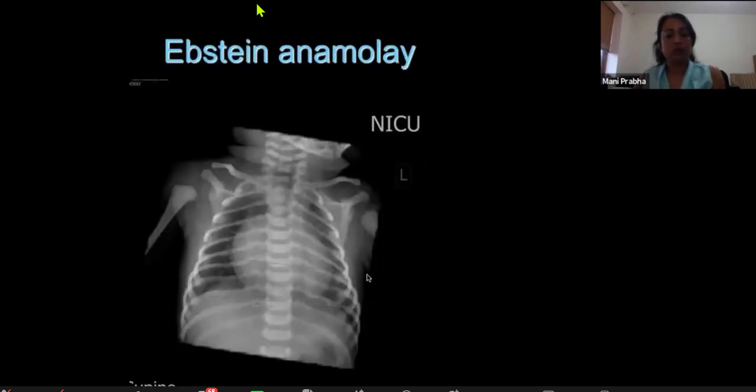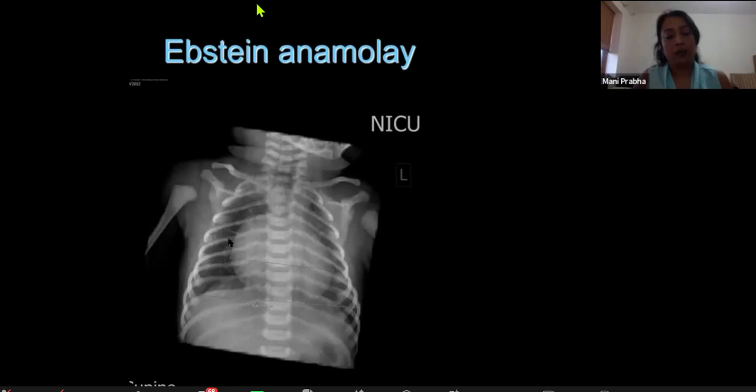And this is a case of Ebstein anomaly. If you try to look for the main pulmonary artery, you will not be able to see it. So situs is solitus, and the enlargement of the heart is mainly towards the right side. That means the right atrium is enlarged.